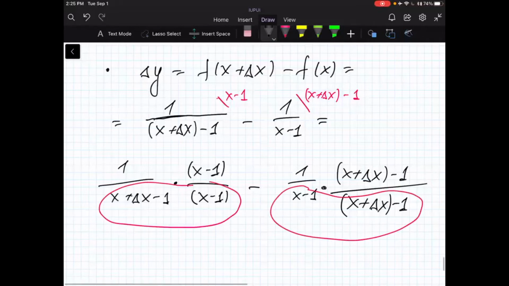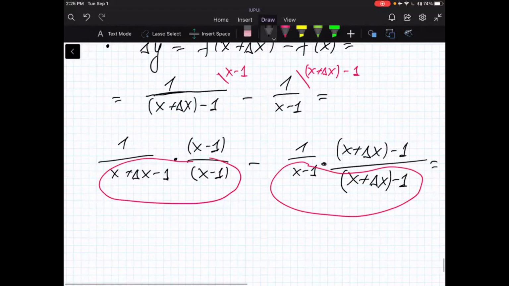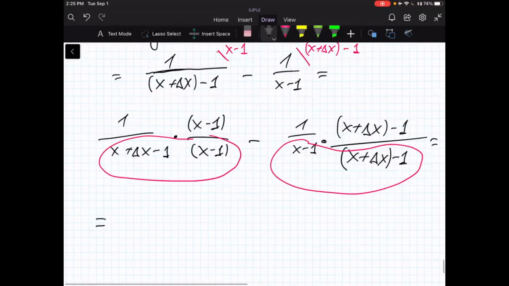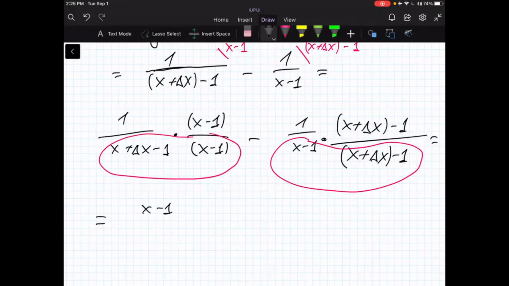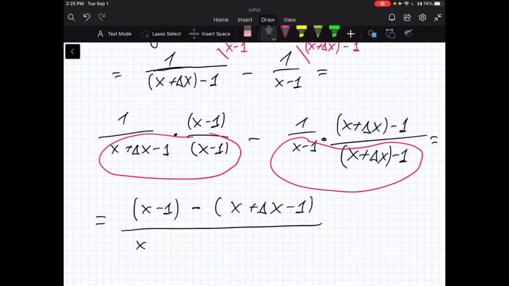And when I have the same denominator, I can add and subtract fractions. That's what I will do. So I have x minus 1 from the first, and I have minus the stuff that comes from the second one, x plus delta x minus 1, divided by x plus delta x minus 1 times x minus 1.